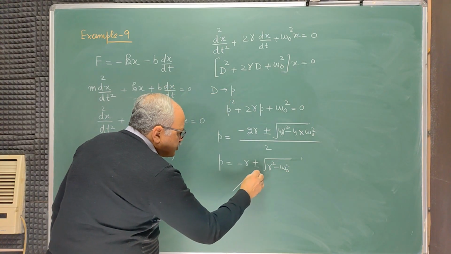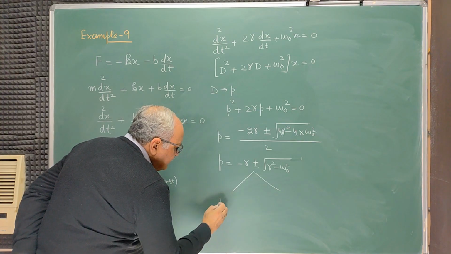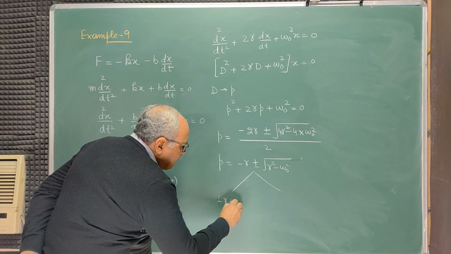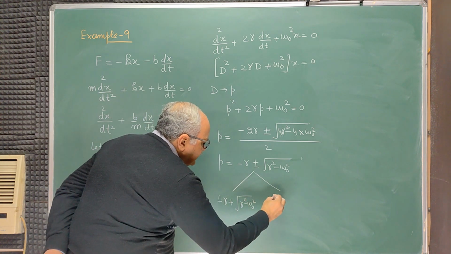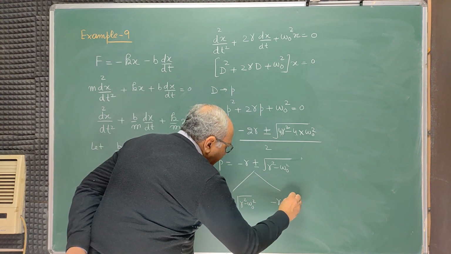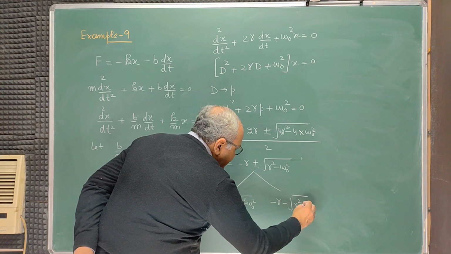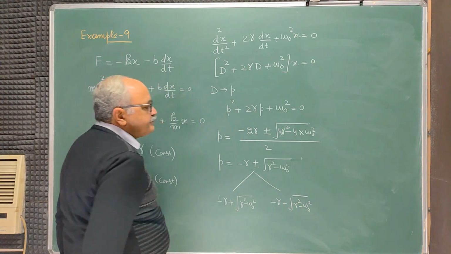So there are two solutions now. One is p equals minus gamma plus the square root of gamma² minus omega 0². Another one is minus gamma minus the square root of gamma² minus omega 0².